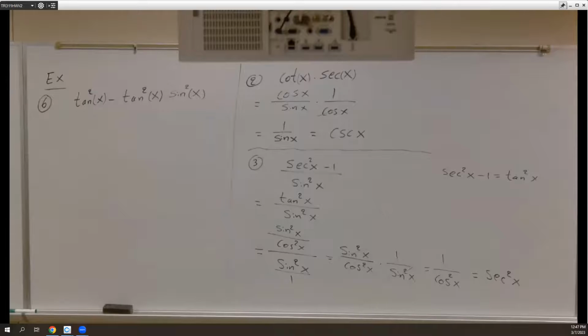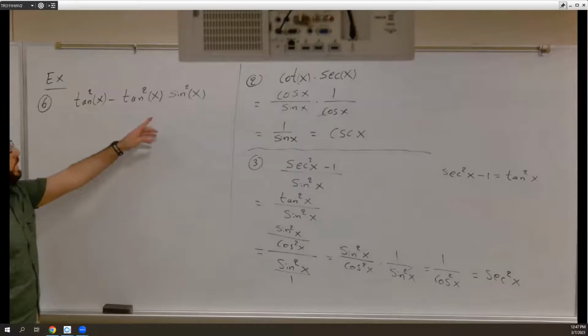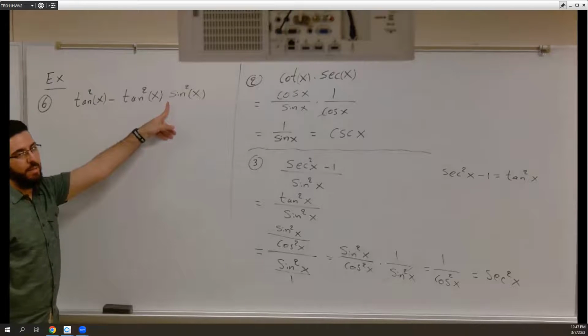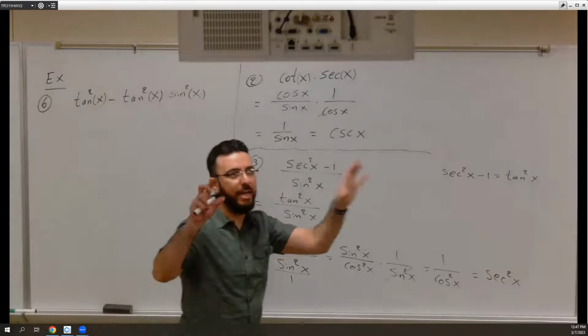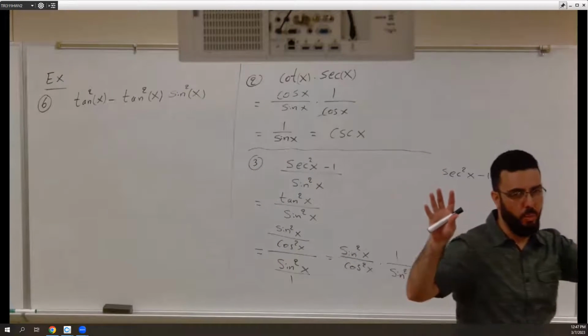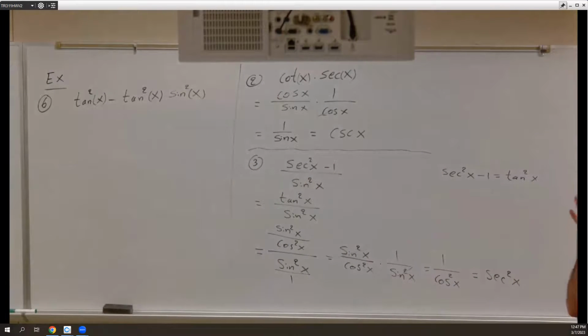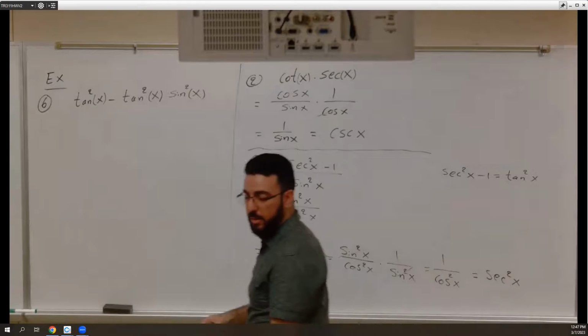Wait a minute, you can't cancel out, like tangent minus tangent is 0. No, because it's multiplication here. But what are you gonna do? If I have a common between two terms, what I can do? Can I take the common out? Yes, remember the greatest common factor? The same thing.